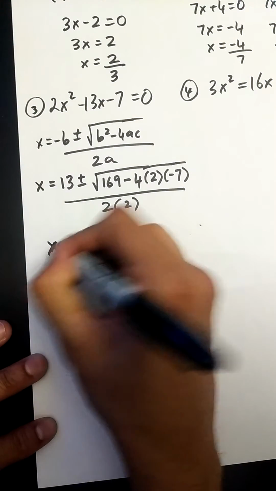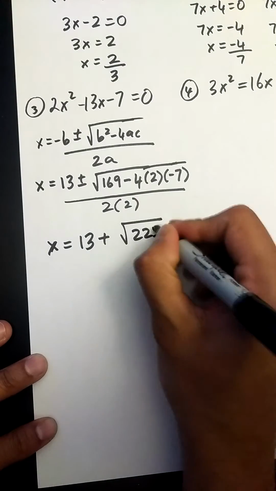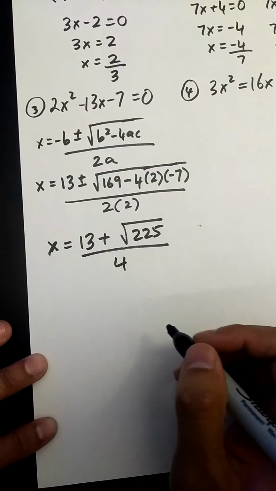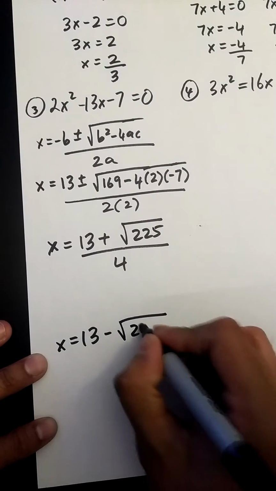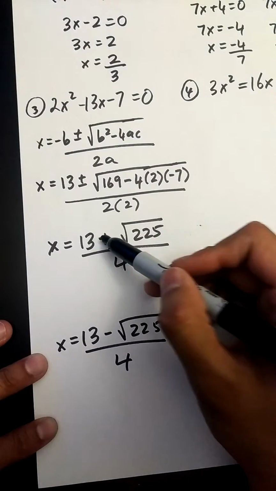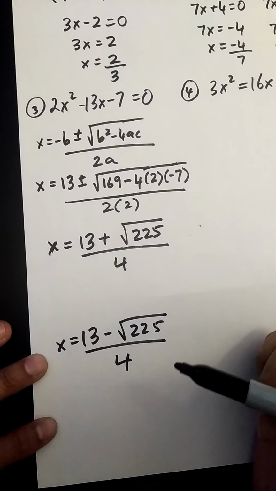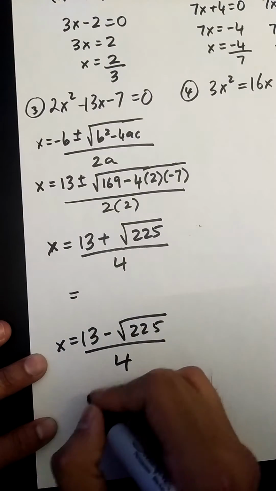So I have x equals to 13 plus root 225 divided by 4. My second solution is x equals to 13 minus root 225 divided by 4. So I basically took the plus and minus, split it up into 2 different solutions. Again, I'm going to just put these in my calculator to find my final answers.